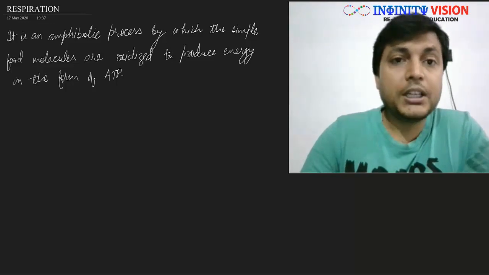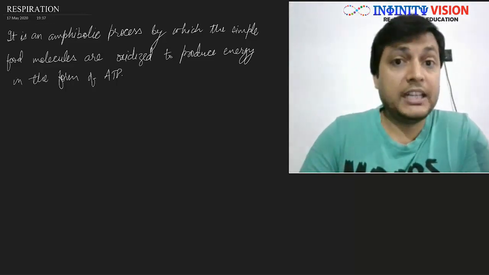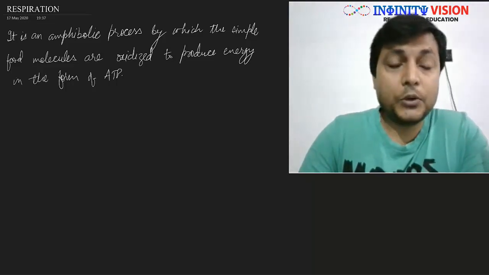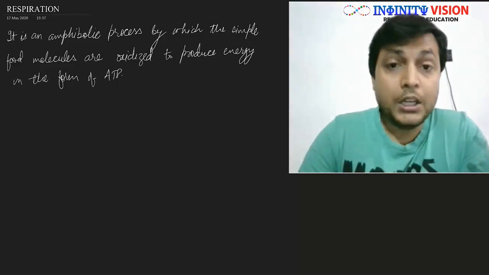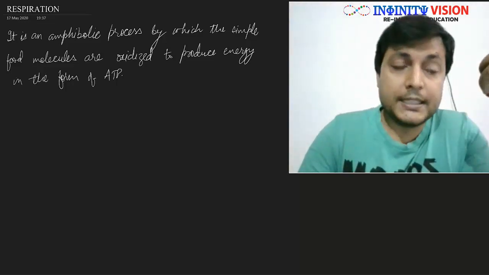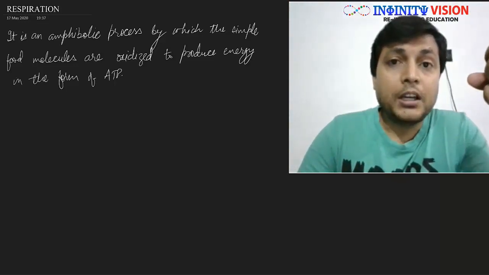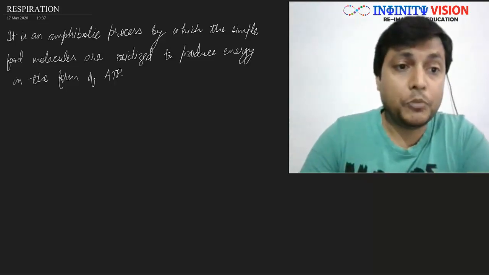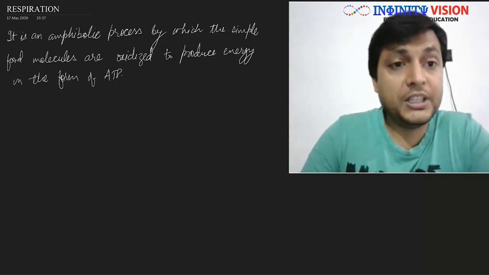Today we are going to start the next topic of your chapter called life processes, and we are going to study the next life process, that is respiration. This whole process is about how we can oxidize the absorbed simple food molecules to produce energy in the form of ATP.